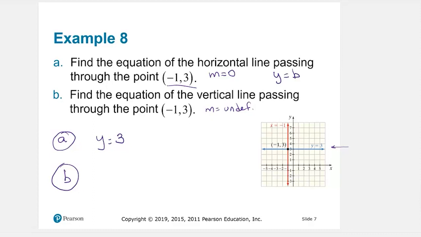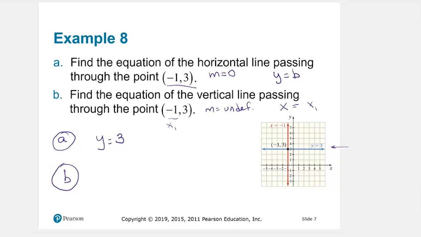That's why I'm saying I can't really show it to you exactly the same way, since it's undefined. But I'm always going to get the equation x equals whatever the x value is. Let's call it x1.